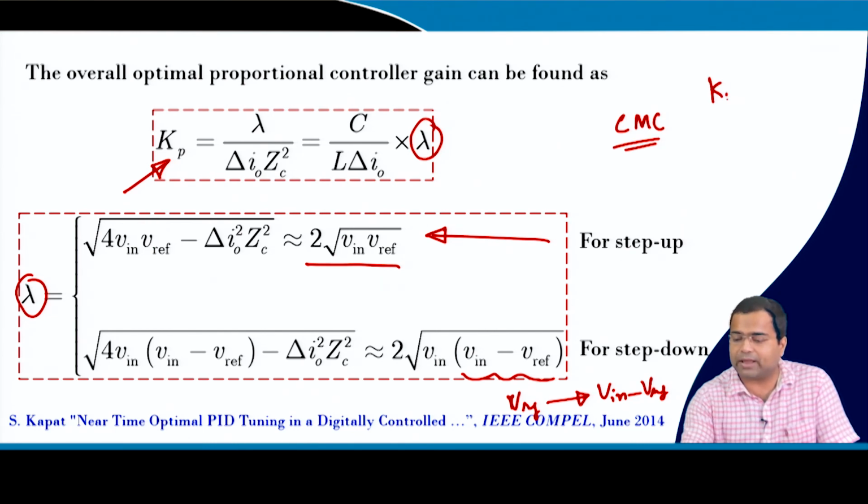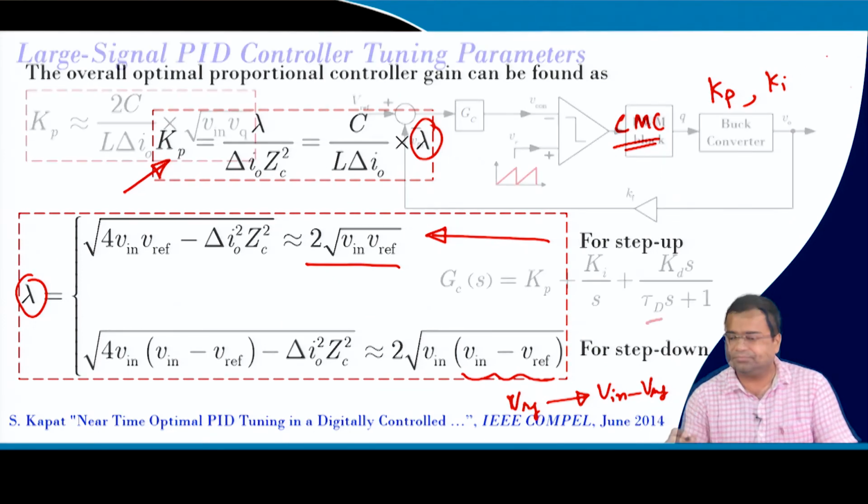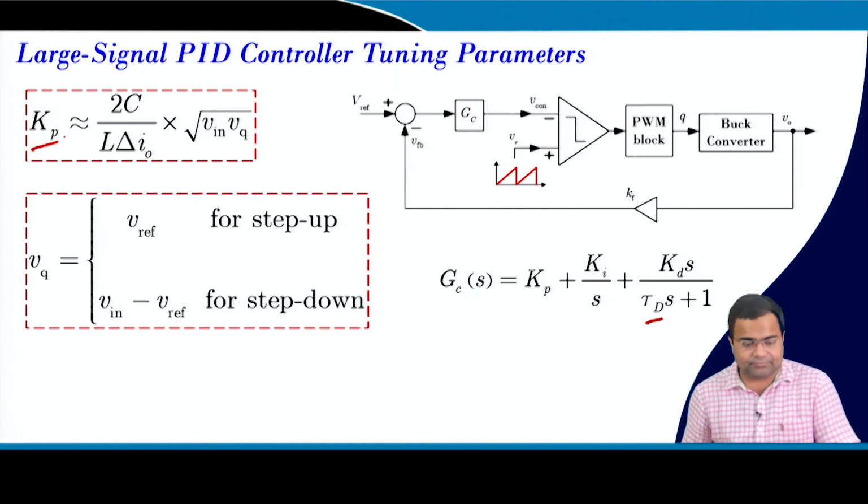We know how to find Kp, and we have discussed how to find Ki because Ki was coming from the small signal model. If it is a voltage mode control converter, then Kp is this.